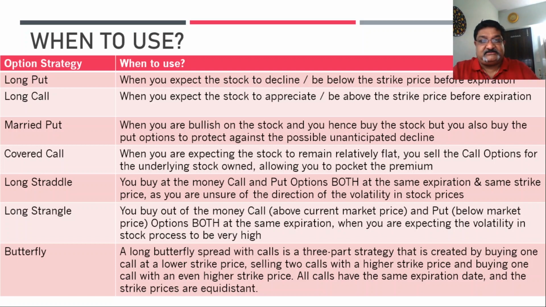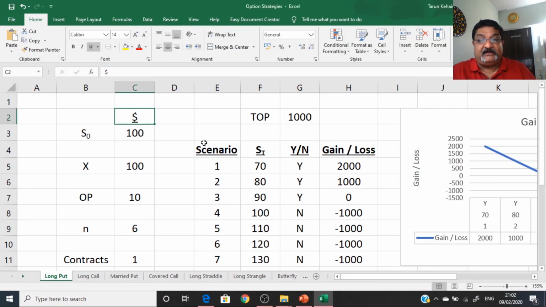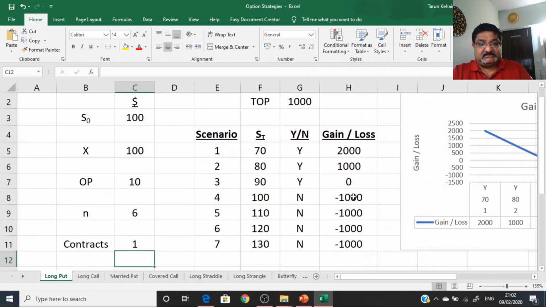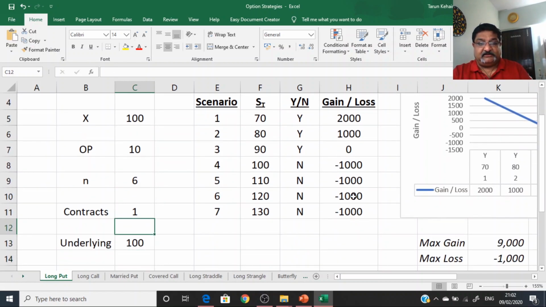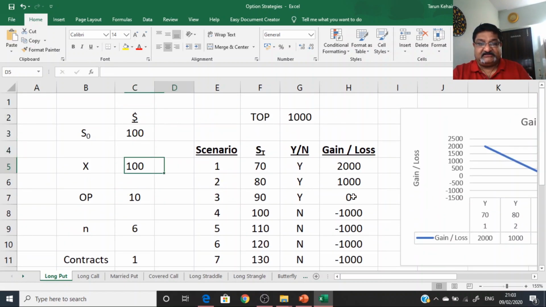Now, let us also try to look at some numbers which explain this even better. So let's say the underlying has a value of $100. Exercise price is $100. The option premium is 10. 6 months, one contract consisting of 100 underlying stocks. So I've computed the option premium here.